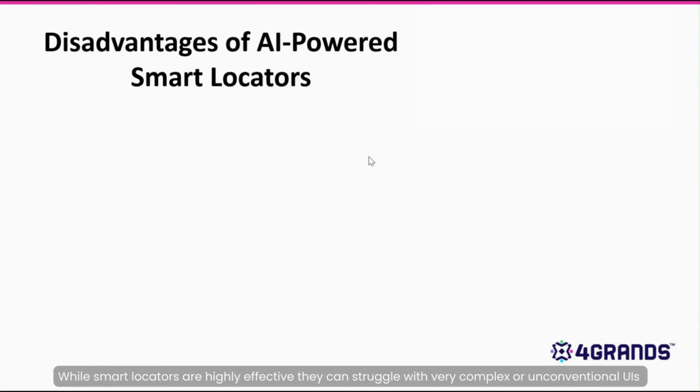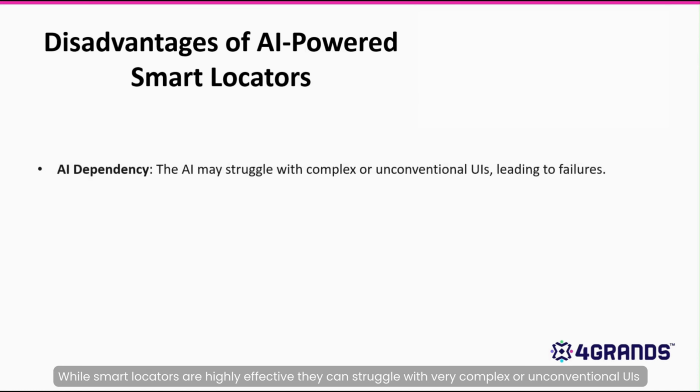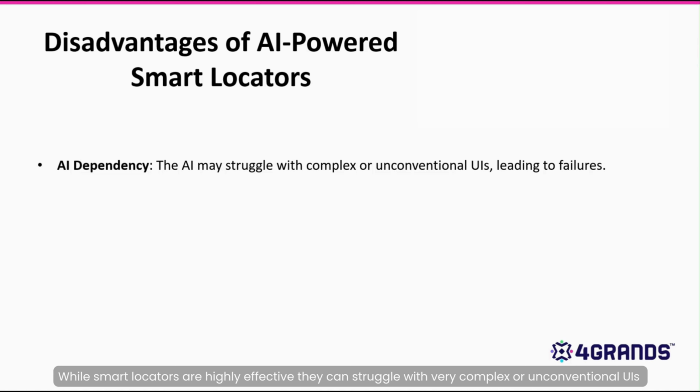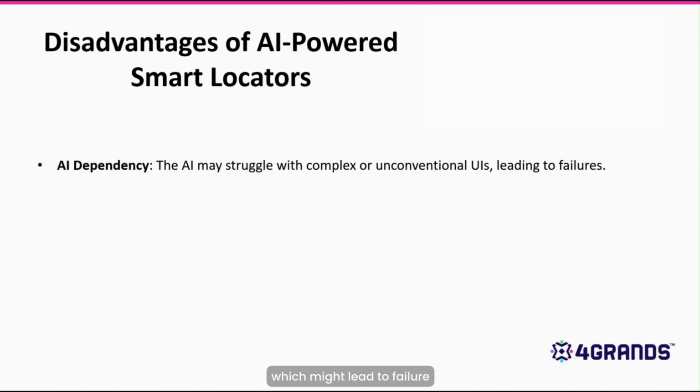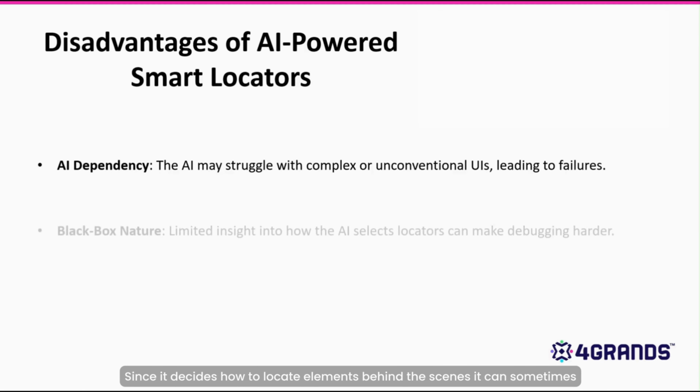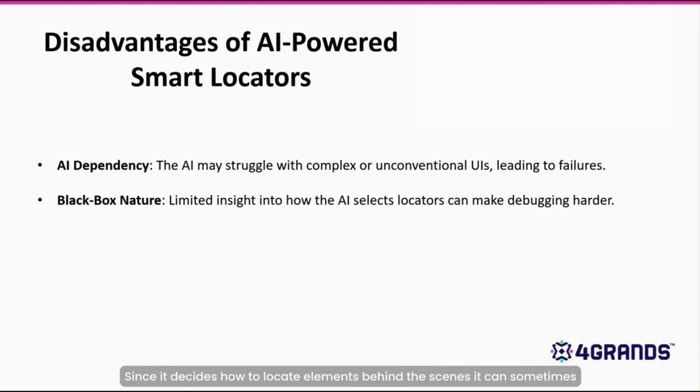While smart locators are highly effective, they can struggle with very complex or unconventional UIs, which might lead to failures. Another challenge is the black box nature of an AI. Since it decides how to locate elements behind the scenes, it can sometimes be hard to understand or debug why a locator is failing.